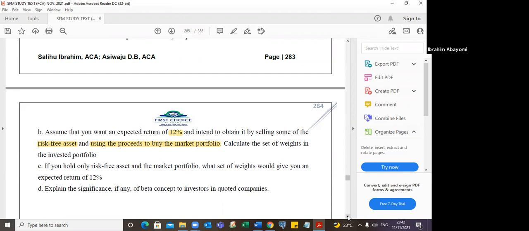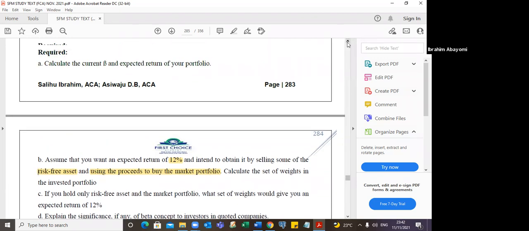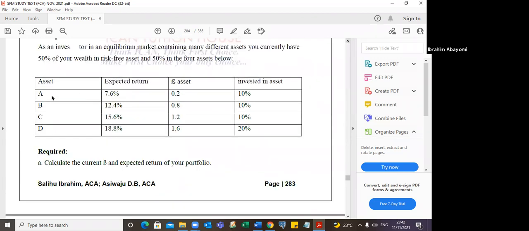We are supposed to be given the risk-free rate. So let us assume a risk-free rate, and let me tell you the reason so that you understand what I'm doing. For asset A, this is the return. For B, this is the return.